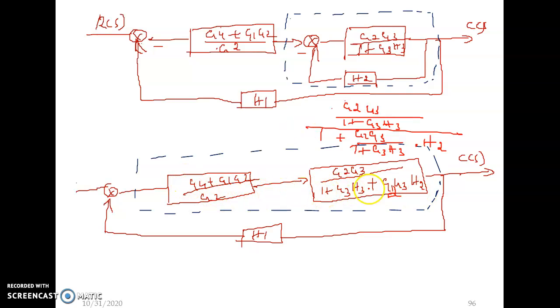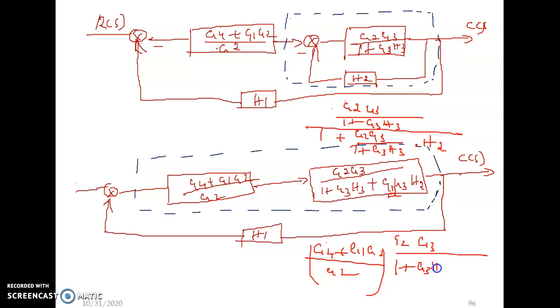So I can replace these two cascade blocks and write a single block as G4 plus G1 G2 by G2 into G2 G3 by 1 plus G3 H3 plus G2 G3 H2.